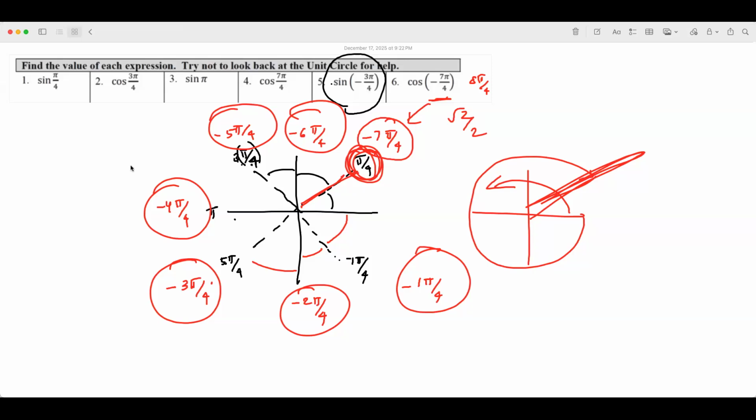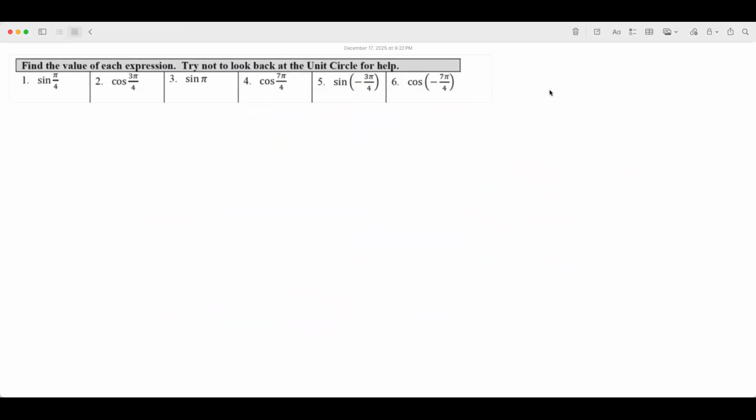Hey, Akash, the second one, is it not negative? It's in the second quadrant, right? Cos 3 pi by 4. Oh, I thought we were doing minus 7 pi by 4. Oh, you did that one. Okay, should I do that one too? Oh, okay, no problem. As long as you understand, I'm not bothered.